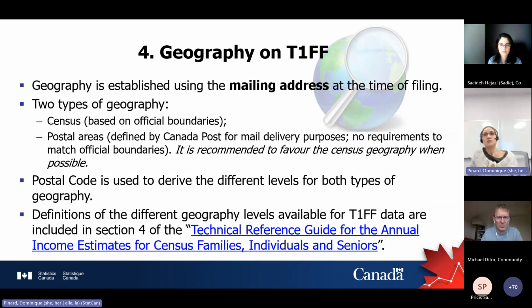These postal areas do not necessarily match the official boundaries of StatCan, and are defined by Canada Post for mailing delivery purposes. So we would usually recommend not using postal areas except in very, very rare instances, and really encourage people to use the census geography. That being said, both are available.